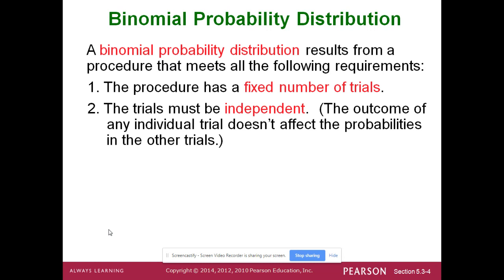Fixed number of trials, and those trials are independent events. So if it's a deck of cards, is that with replacement or without replacement? With replacement. That's the kicker here with binomial probability distributions. When can an event be considered independent?